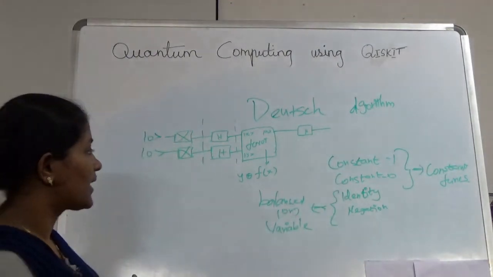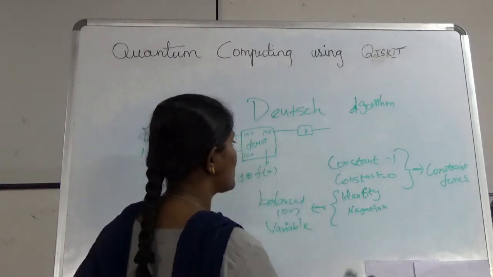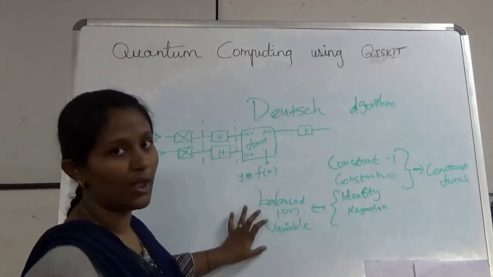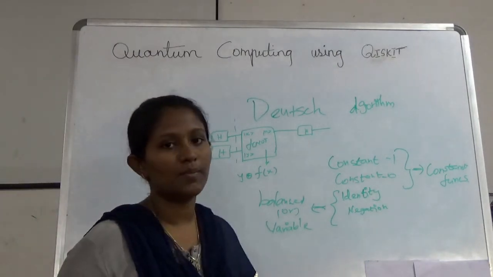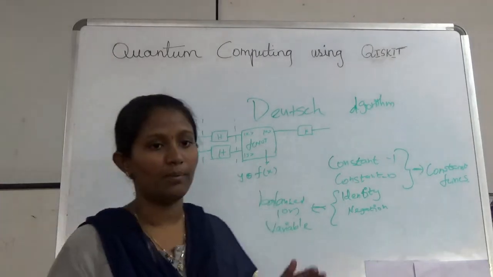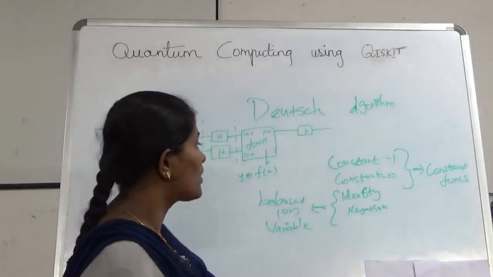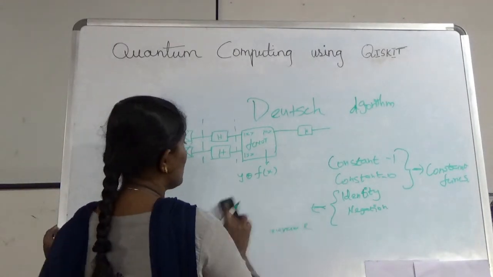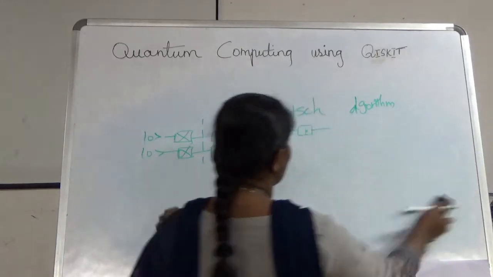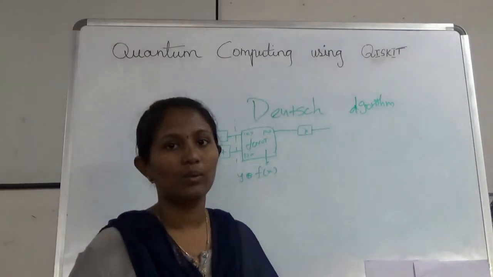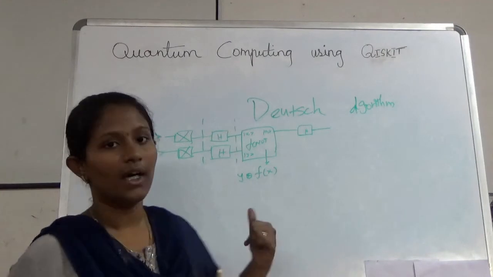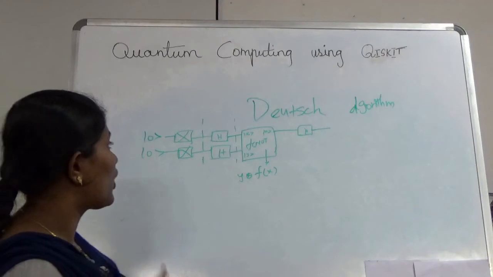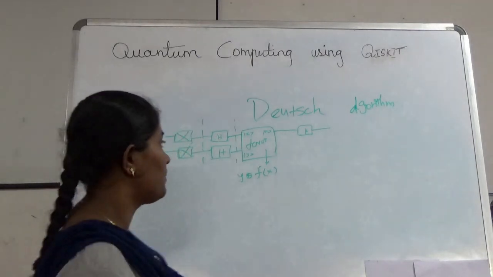These 4 functions are categorized into 2 groups, where the first 2 are constant functions and identity and negation are categorized as balanced functions. The Deutsch algorithm is basically used to find whether the function inside the black box is a constant function or a balanced function. Classical computers take 2 tries to find this, whereas quantum computers can do it in just 1 try.